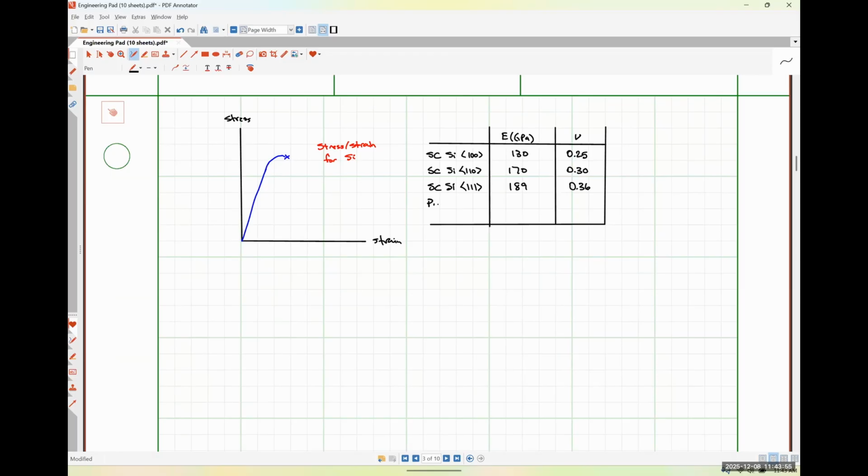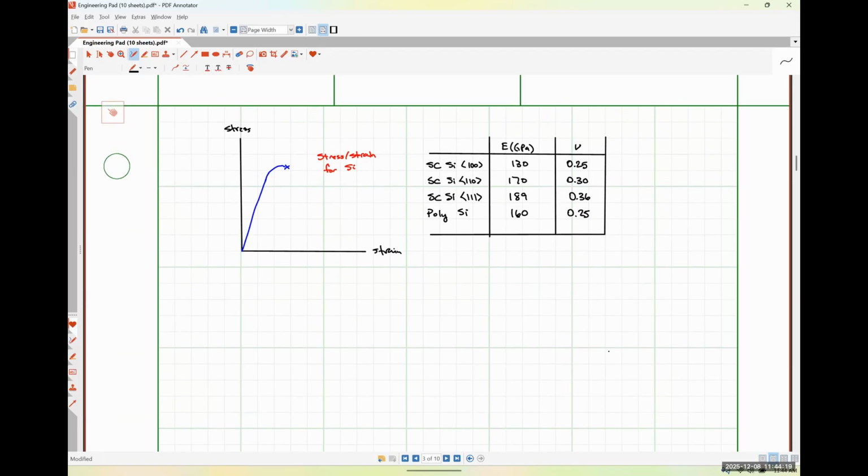And then lastly, if we're looking at polycrystalline silicon, so I'm just going to put poly Si, we have 160 gigapascals for Young's modulus and 0.25 as our Poisson's ratio. Okay.